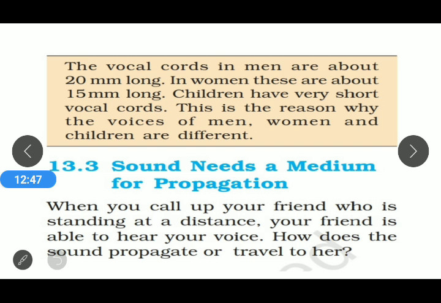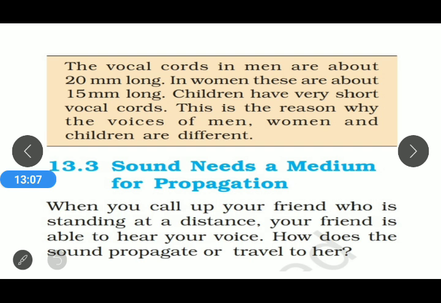That's why the man has a louder voice, where women have a more shrill voice, and children have a very shrill voice. That means they have very shrillness in their voice, and the man has very loudness in his voice.